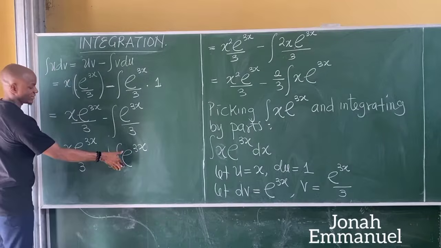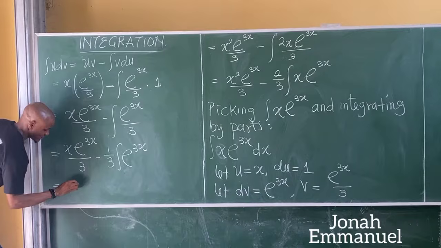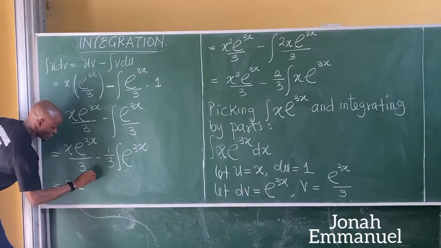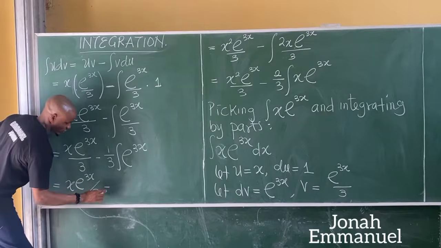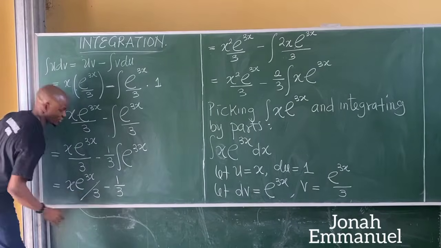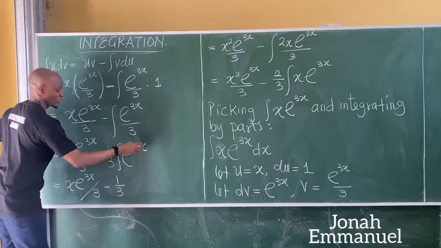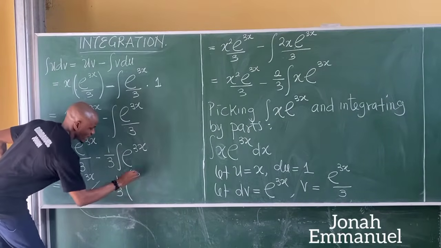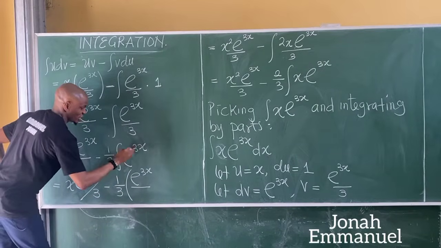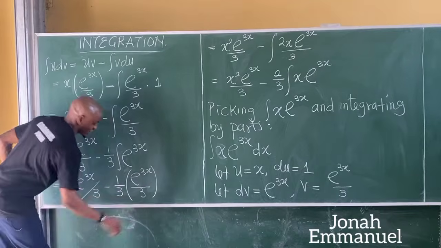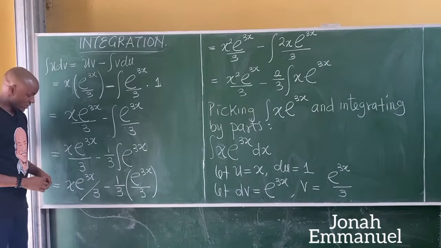So I can still evaluate this. So this is now equal to x exponential 3x all over 3 minus 1 all over 3 into, if I evaluate the integral exponential 3x, this now gives you exponential 3x all over, differentiate this, I get 3, such that this now gives you a value of 9, okay?